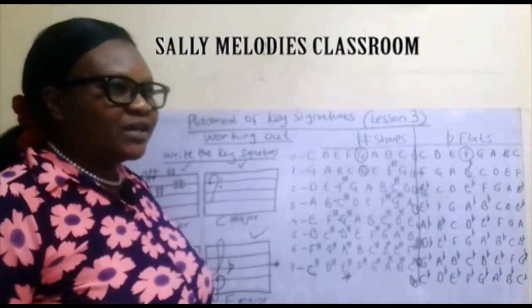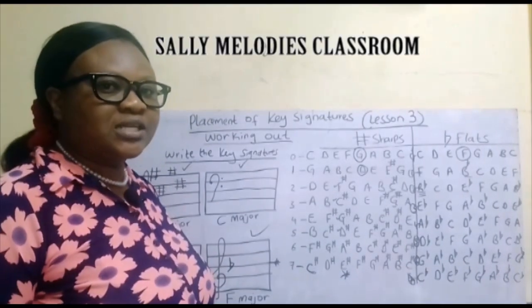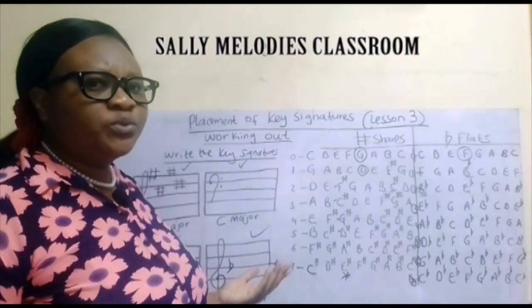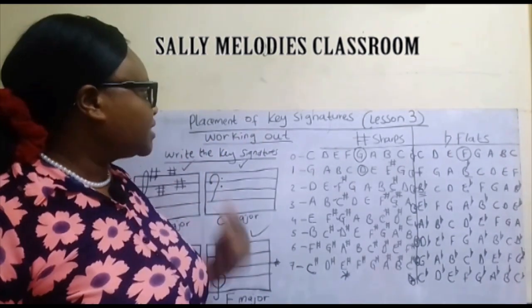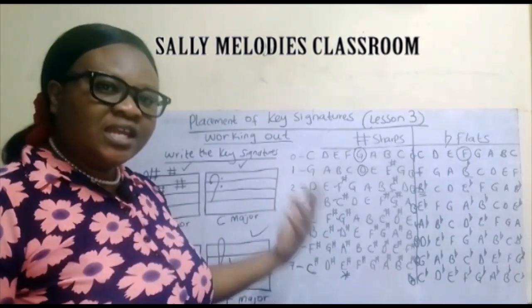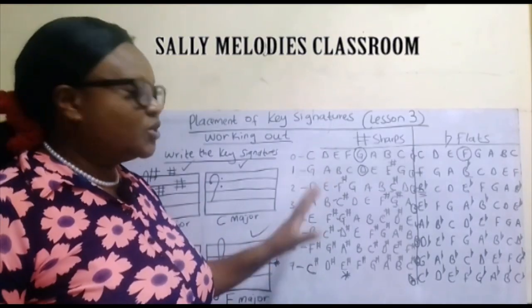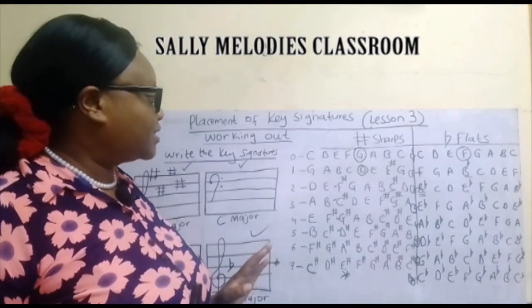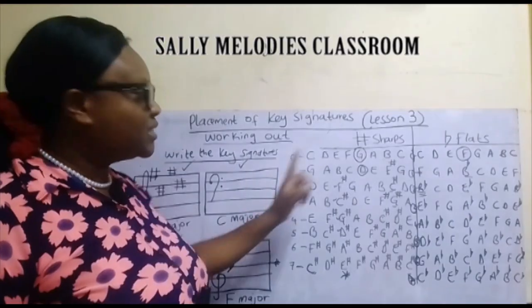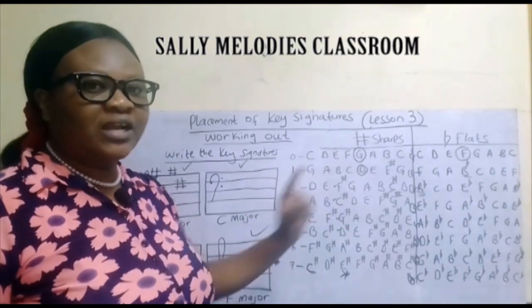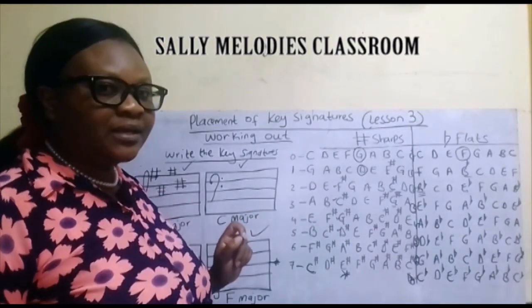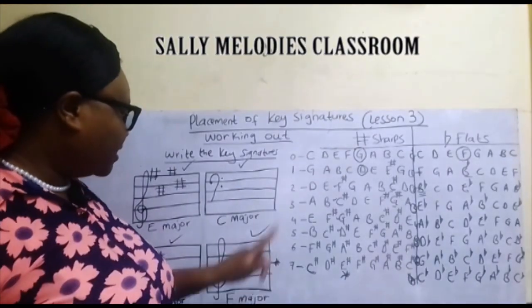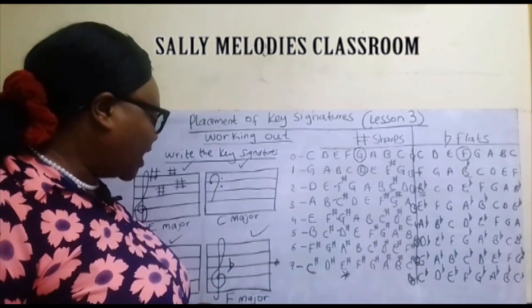So in the next lesson, we are going to look at maybe a few key signatures in minor. You will see that there is no difference. We are still going to have the same placement of the sharps and flats. Maybe what will change is the title here. Is it telling you about a major or a minor?